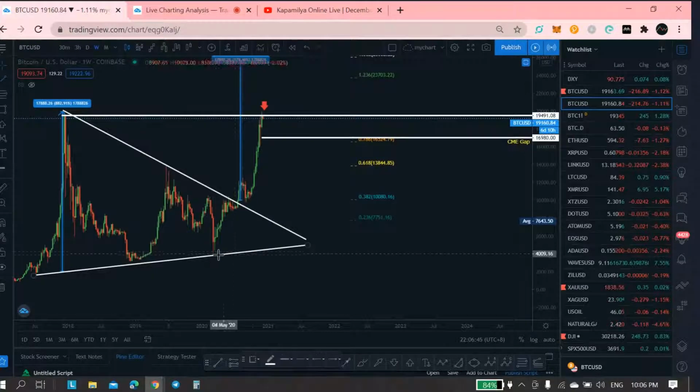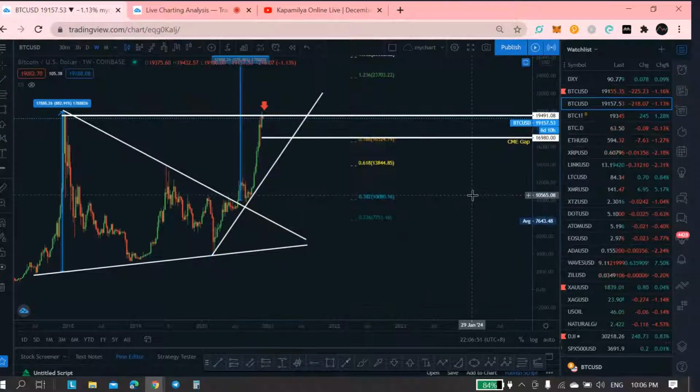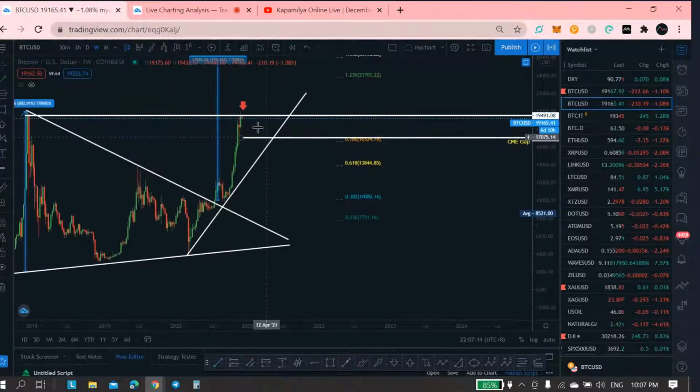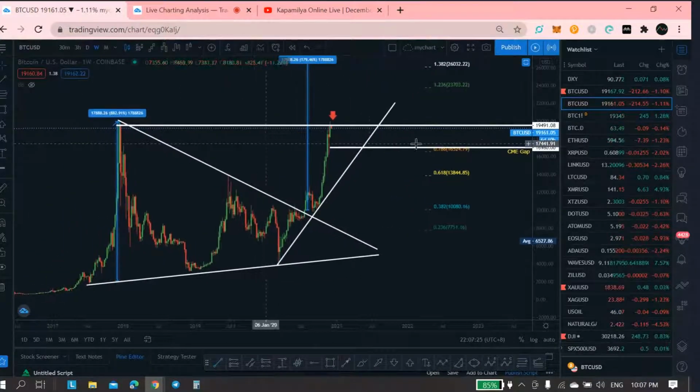Okay, that's also the previous tops here at this area. So it's not the worst case, the 17,000, but if there's really a dump, possibly also this one. But I think I'll just stick to this area as the possible support I'm looking at, the CMC gap.